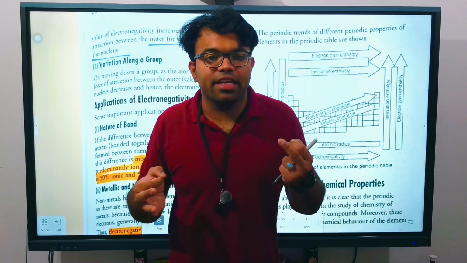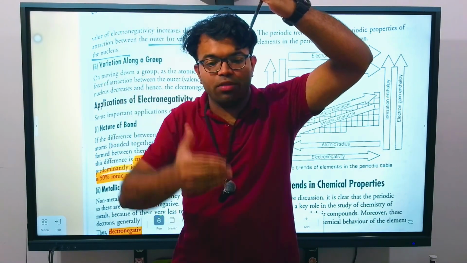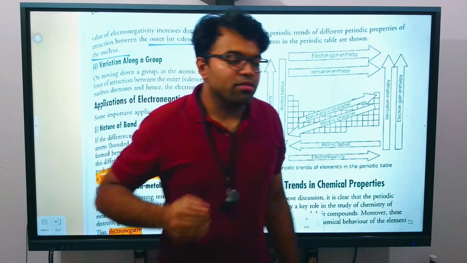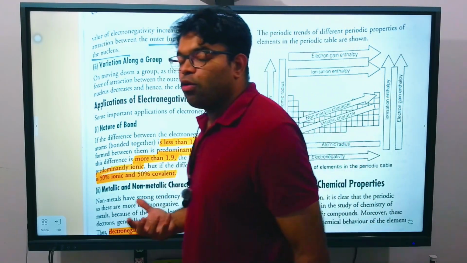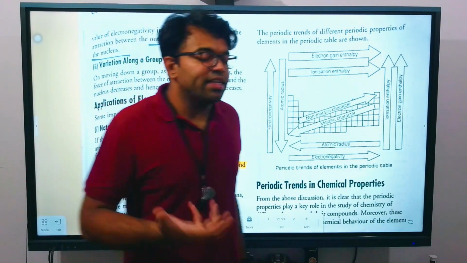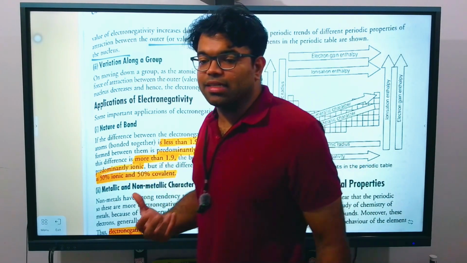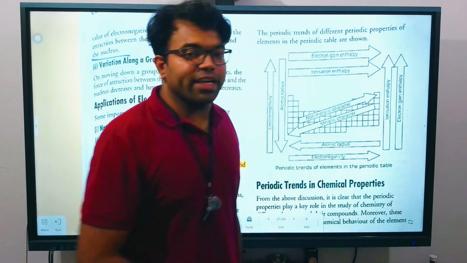So as we go down the group, the size of the atom increases because every atom is introduced with a new shell. Therefore, the distance between the nucleus and the outermost electron increases. The radius increases, therefore the electronegativity decreases.